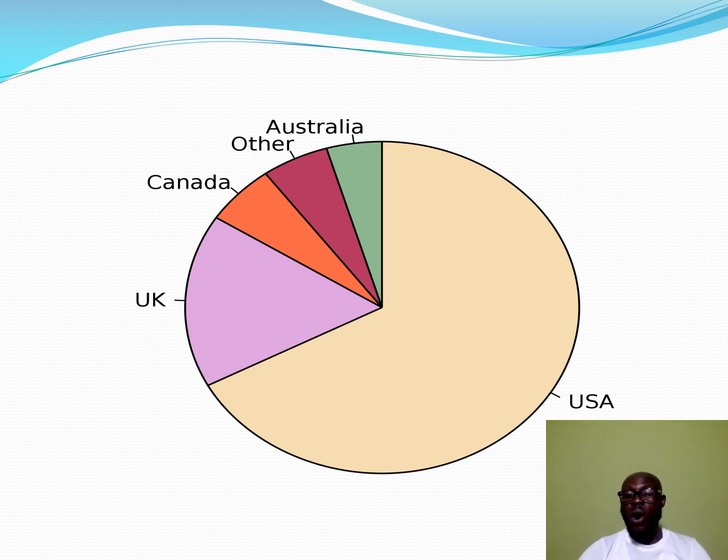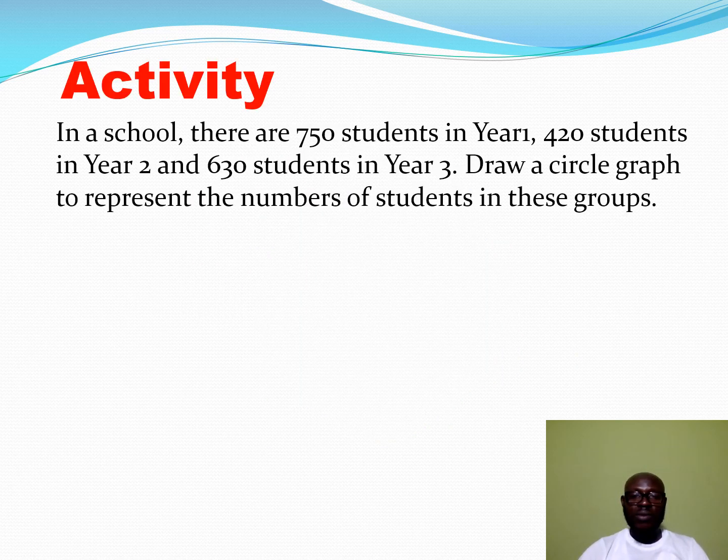They all have their own angles. So when we say pictorial representation of data using sectors of a circle, that is what you see on the screen. Now let's look at this activity.